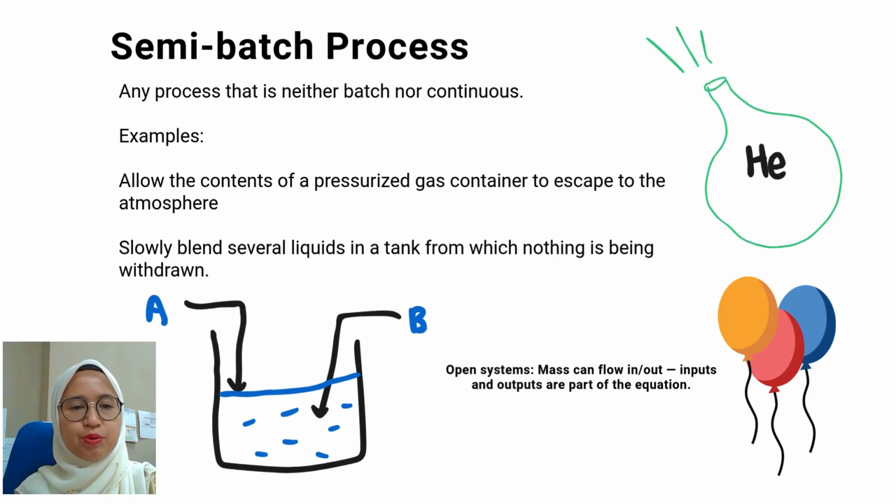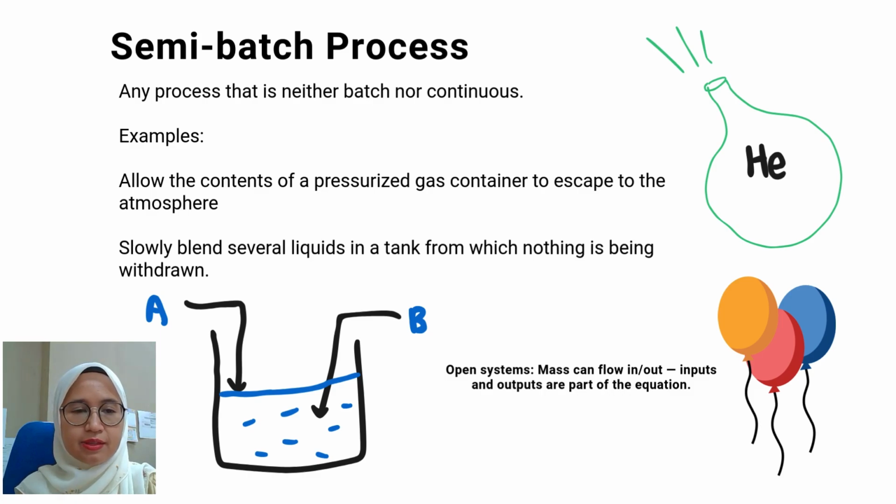For the semi-batch process, this is neither batch nor continuous. For example, a helium balloon: due to the pressure, the gas escapes to the atmosphere.